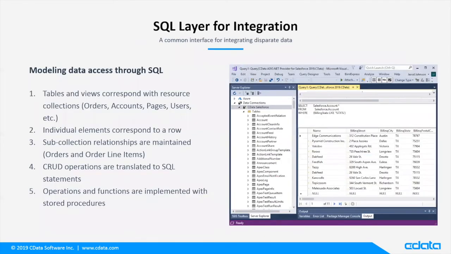So to drill in just a little bit about how this works, this is an example, as I mentioned, using our ADO.NET data provider within Microsoft Visual Studio. We model everything from the underlying APIs through a SQL interface. So when I work with my Salesforce instance, I can connect to Salesforce, query all of the tables of data that could potentially be available, and then run full CRUD operations on that data.